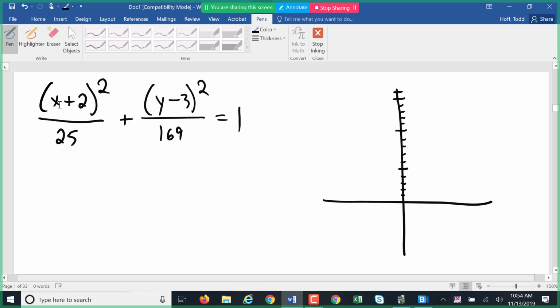There. The center is going to be at negative 2, 3. So negative 2, 3, right there is my center.